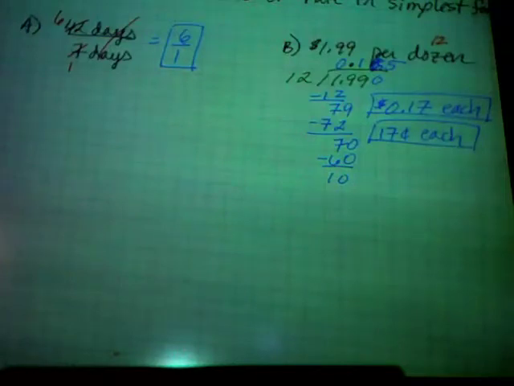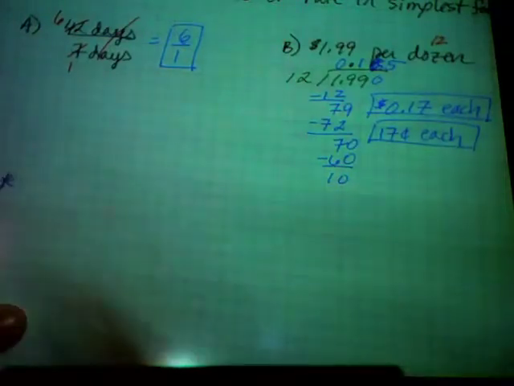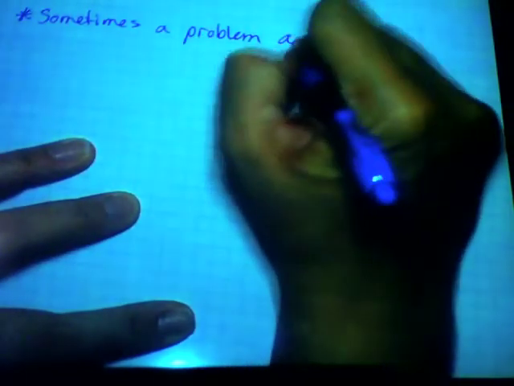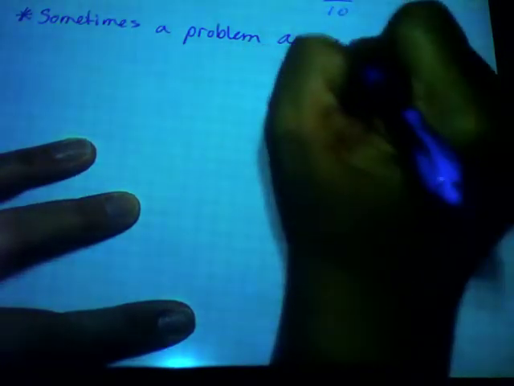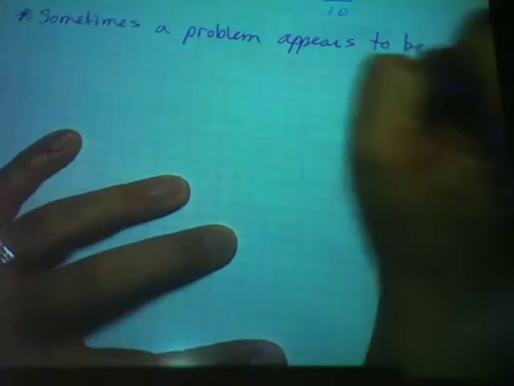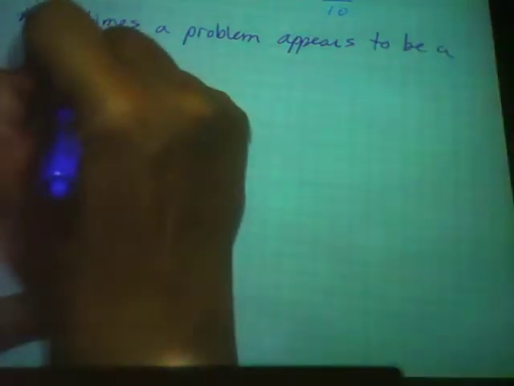So note to self: sometimes a problem appears to be a rate when it's really a ratio.